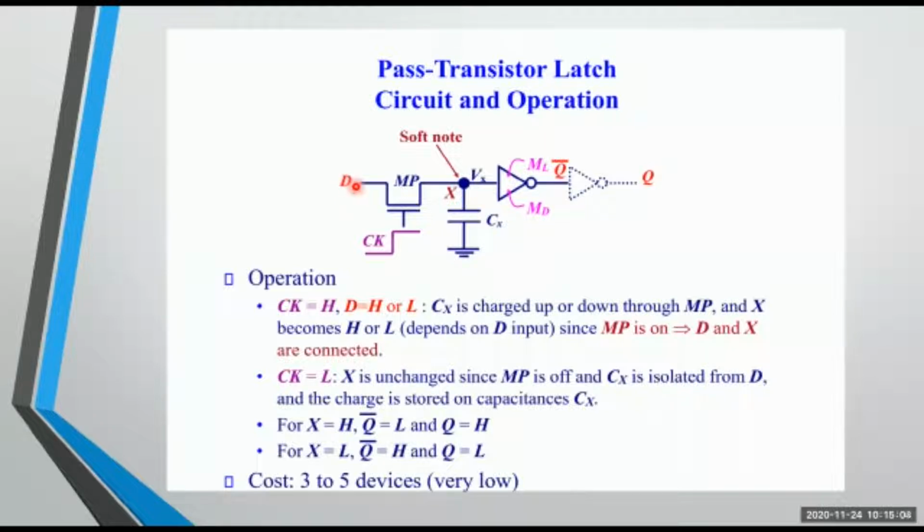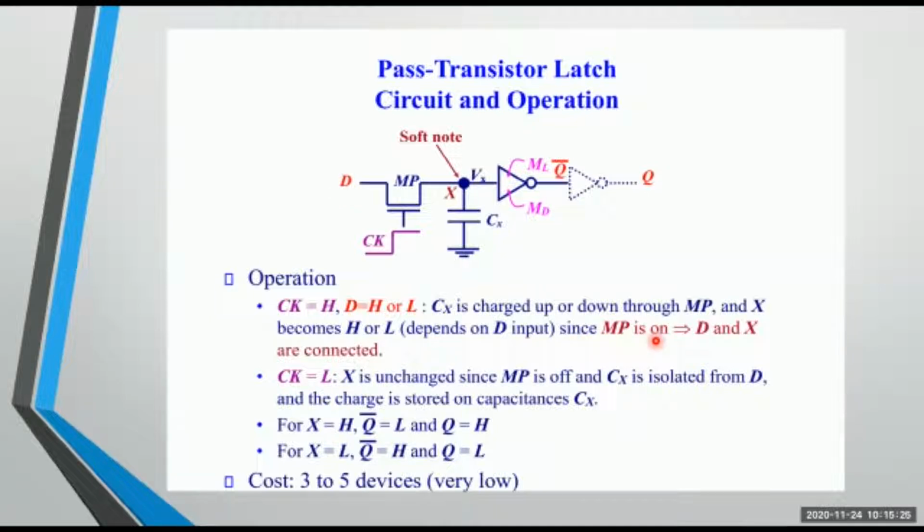If it is a high signal, it will be charged up through this transistor MP. And X becomes high or low, depending upon the input you supply over here.